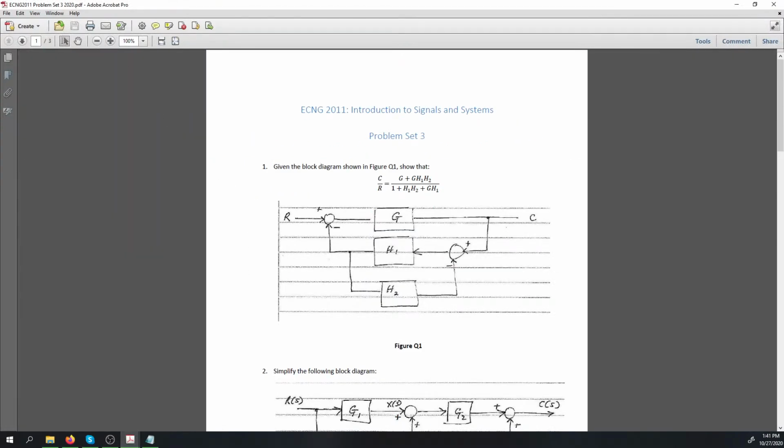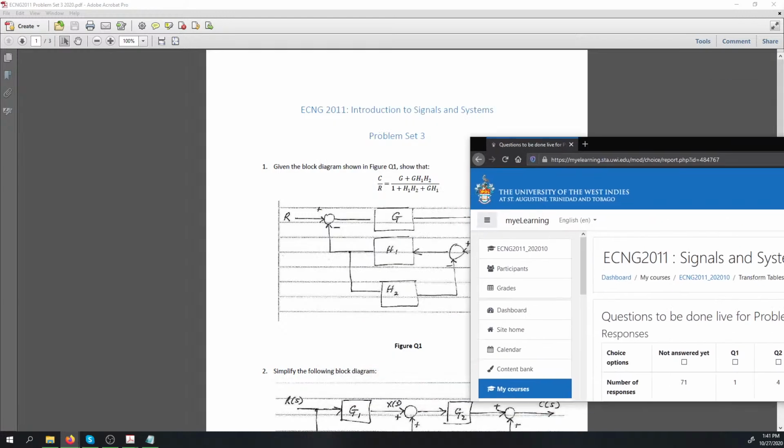Alright, so before I move on, we get the results of the poll.